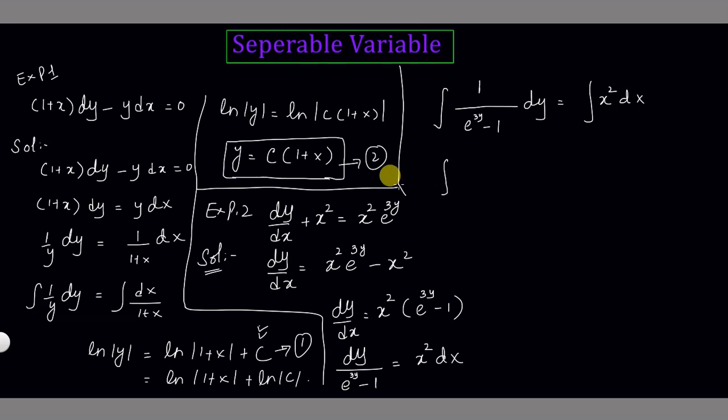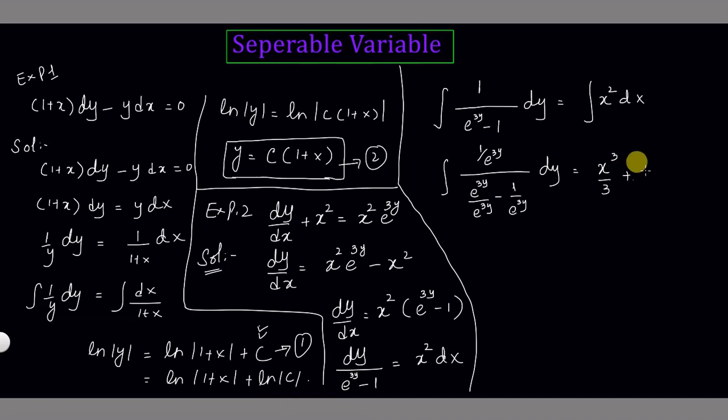I will do a very tricky step. Divide the whole function by this particular exponential function: e raised to the power 3y minus 1 over e raised to the power 3y dy, which is equal to, you can integrate over here, x cubed by 3 plus c.